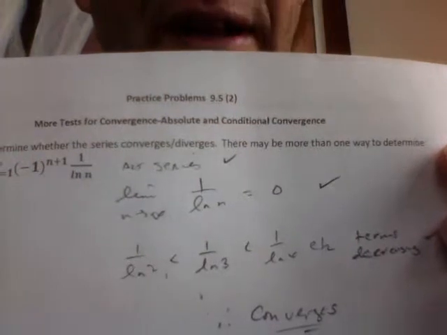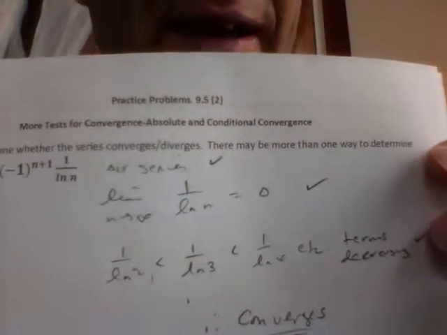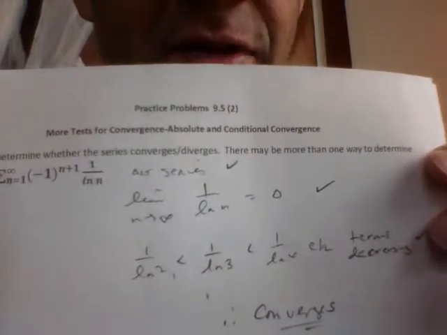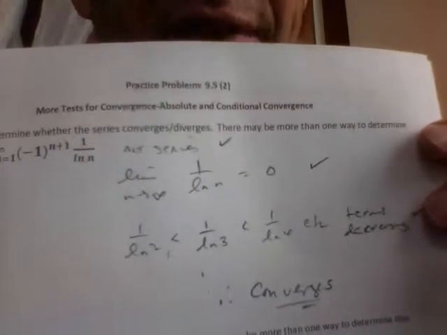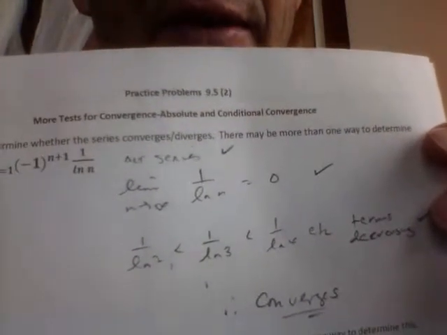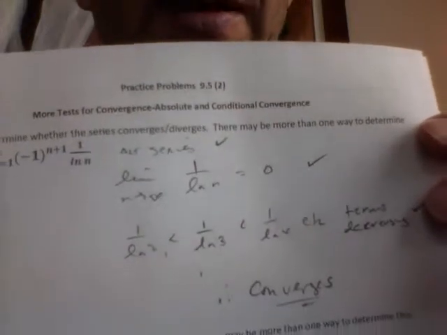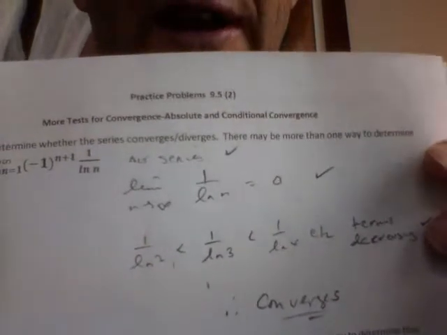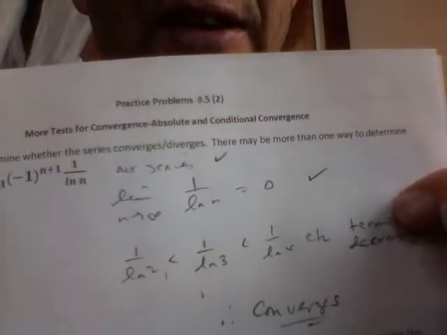So on this worksheet, number 1, which I hope you can see there, is an alternating series, which I can tell by the negative 1 to the n plus 1. So then I have to look at the a sub n's, the 1 over ln of n. Does that go to 0? And clearly it does as n goes to infinity, so I have my second condition met.